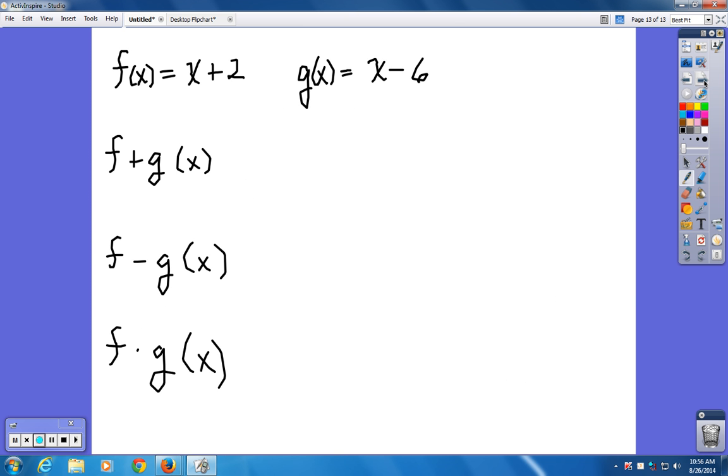Now it gives you f of x is equal to x plus 2, and g of x is equal to x minus 6. And now you're supposed to find f plus g of x.